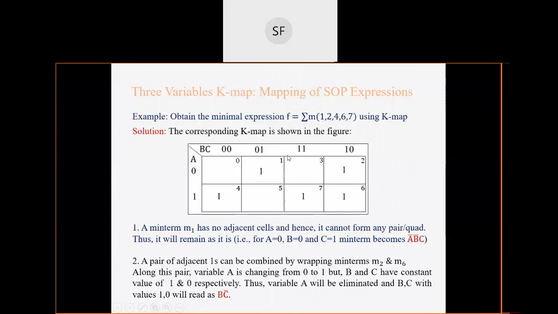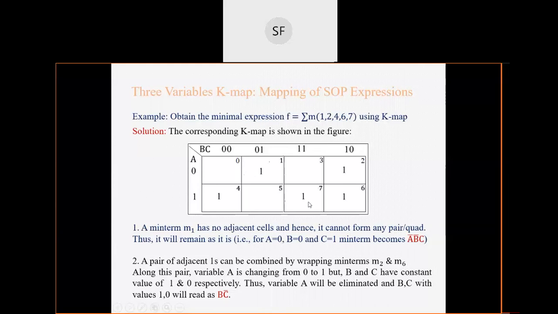Okay. So now again we want to minimize this particular thing, because in the question itself it is said that you have to obtain the minimal expression. So you have to minimize this K-map. How will you minimize? First thing, you should observe the position of all the ones.